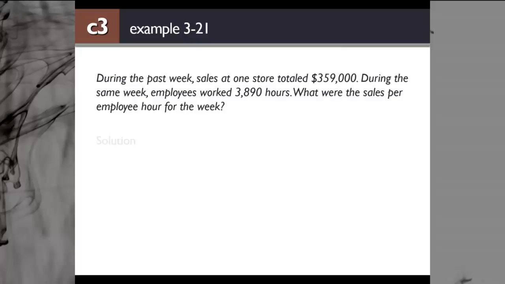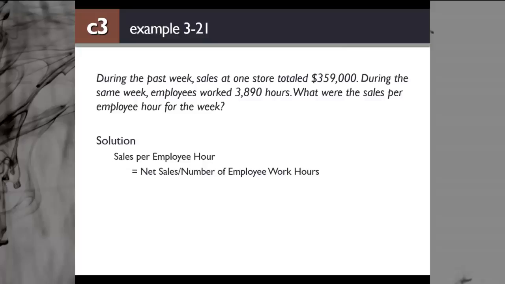Now, based on the previous slide's formula, you can calculate it, one divided by the other. So net sales divided by the number of employee work hours. That is 359,000 divided by 3,890. Then you get $92.29.